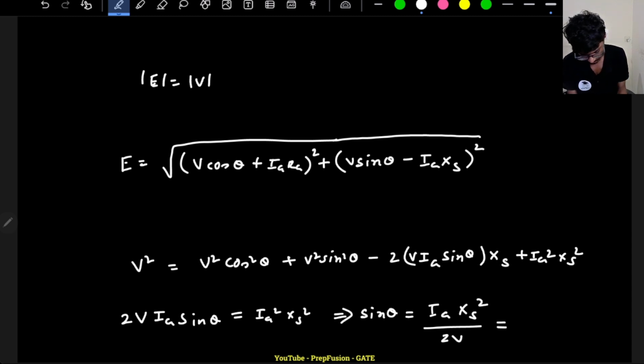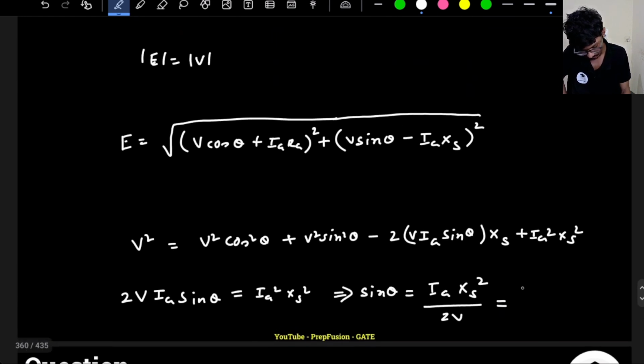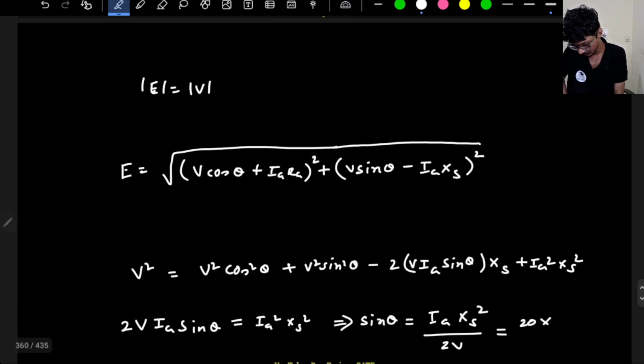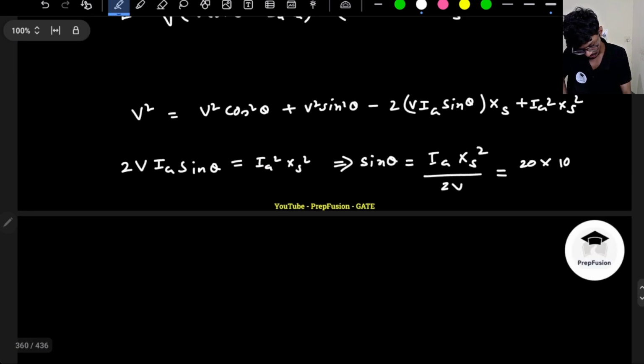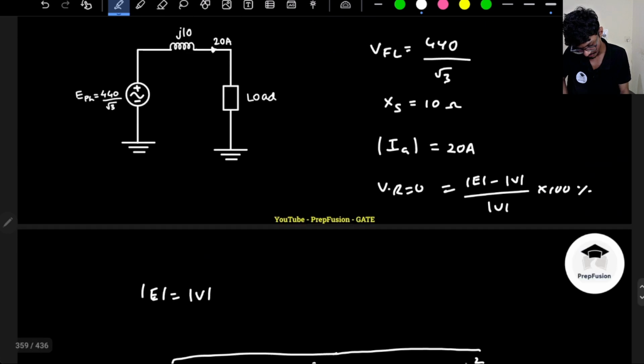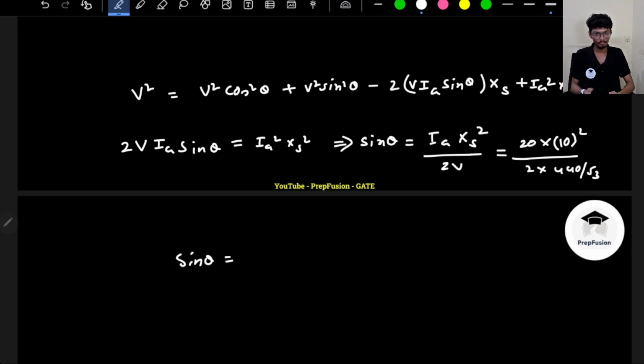Okay, so from here I will be able to find out the value of sin θ. So I know what is Ia. Ia is given to me, that is 20 amperes, right? Xs is how much value? Synchronous reactance is 10 ohms, correct? Whole square divided by 2 into V. V is 440 divided by root 3. So from here easily I will be able to find out sin θ, and from here I will be able to find out the power factor of the load.